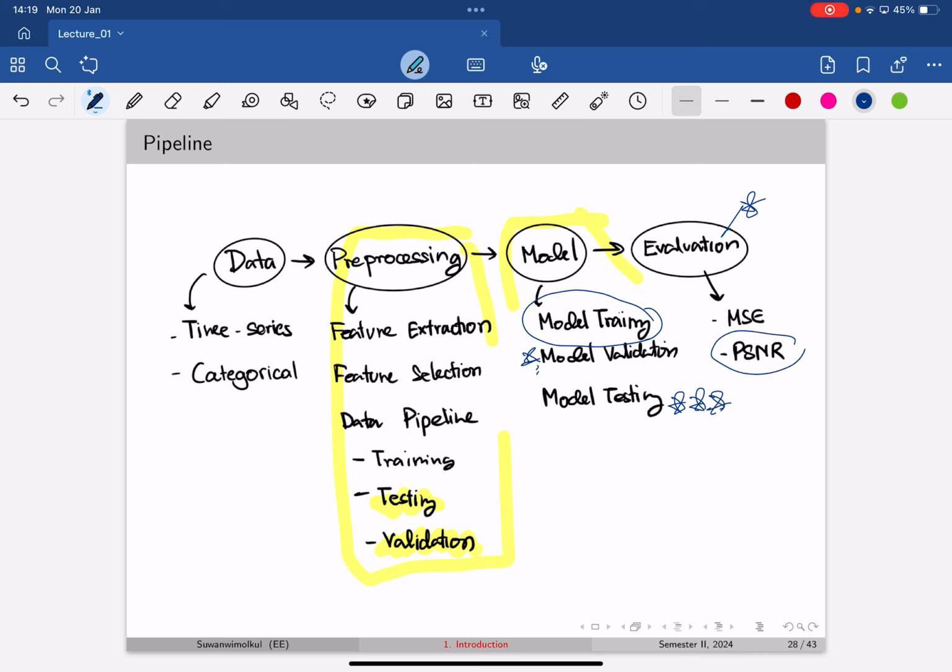Usually this one will be used with your generative task because it quantifies the quality of your output. Meanwhile, mean square error can be used for both discriminative and generative tasks. It depends on what you're doing. But this is more like what people commonly do generally. Any question?